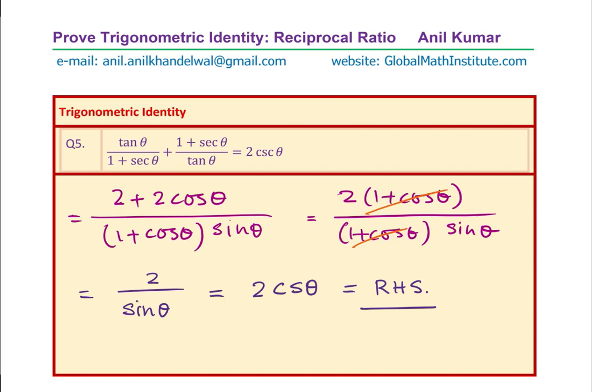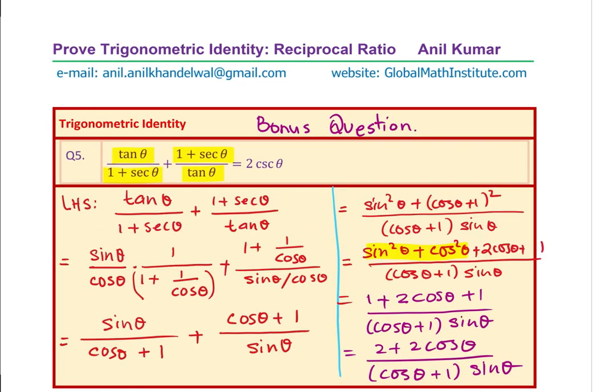Is that clear to you? So that is how we are going to solve this particular question. Let's look back how we did it. We began with the left hand side, taking all these terms, writing them out in the ratio of sine and cosine. Then we worked out this particular fraction, 1 plus 1 over cos theta over sine theta over cos theta, cancelled, and we got cos theta plus 1 in the numerator and sine theta in the denominator.